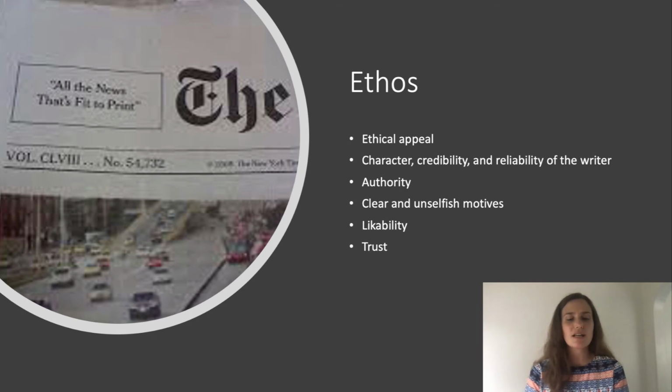But it really does come down to the writer's credibility, authority, likability, and maybe most importantly, that the writer or rhetorician has clear and unselfish motives. We're not going to trust somebody who has some sort of ulterior motive, right? Especially if it's a political piece or an academic piece or a scientific piece. If we know that they are bought and paid for by a company, then we might be skeptical.